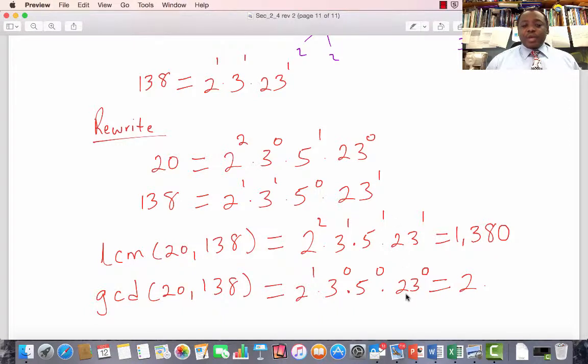So we end up with the GCD being equal to 2 raised to the power 1 times 3 raised to the power 0 times 5 raised to the power 0 times 23 raised to the power 0, and that equals 2. So this is an alternative way of finding the LCM and the GCD of two positive integers A and B.